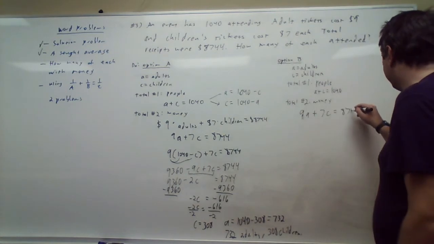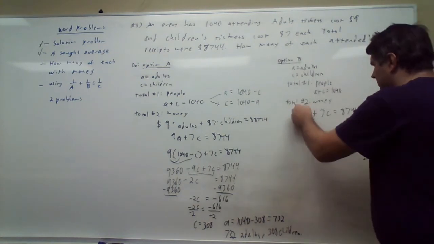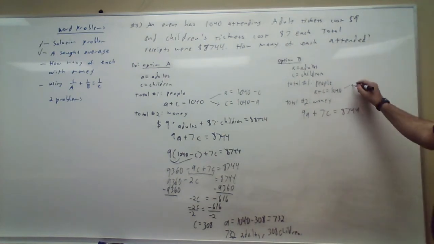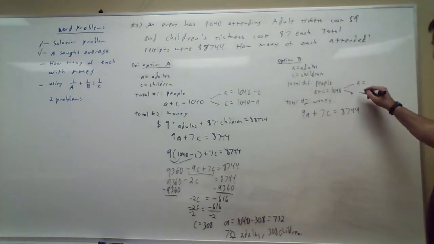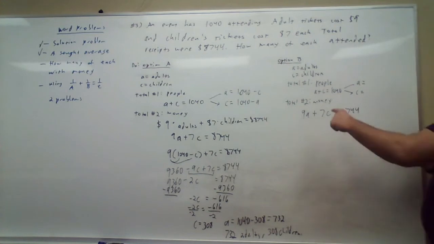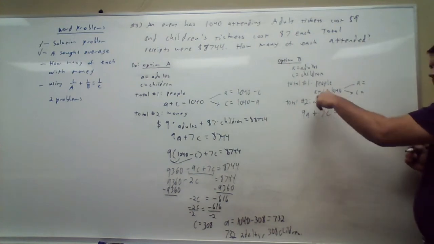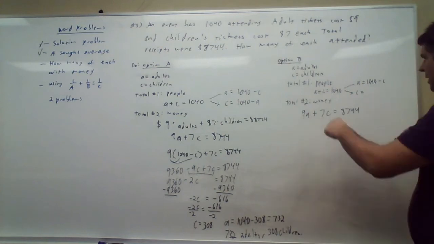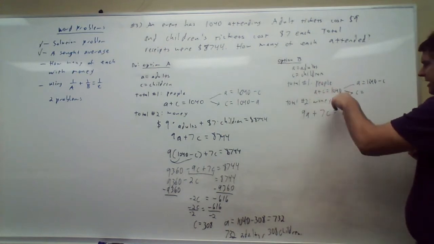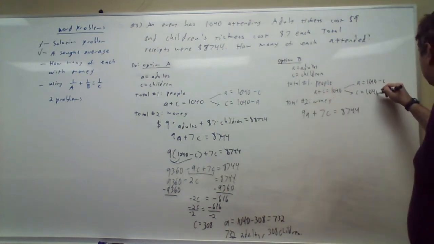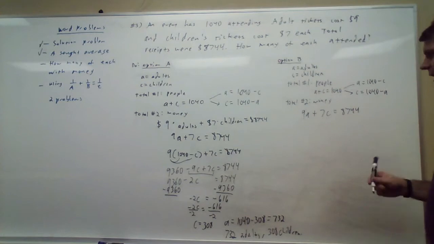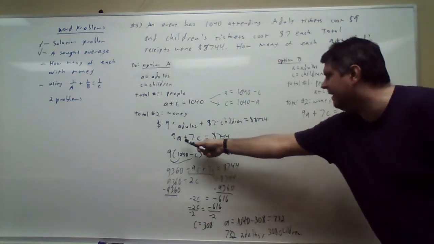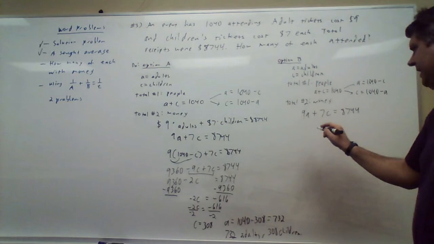And that's $8,744. All right, now, I want A equals, I want C equals. So if I want A by its lonesome, I subtract C from both sides. If I want C by its lonesome, I subtract A from both sides. So in option A, I chose to replace A. In option B, I'll replace C.